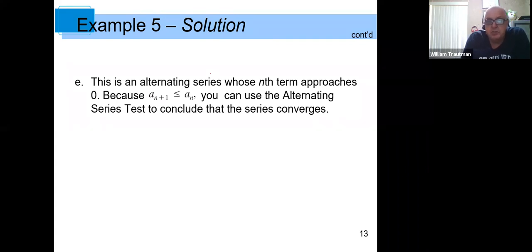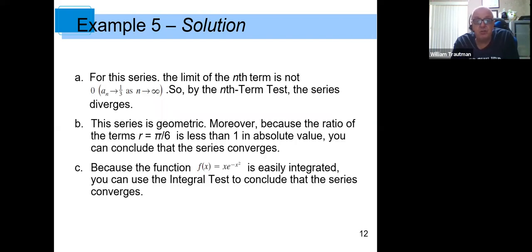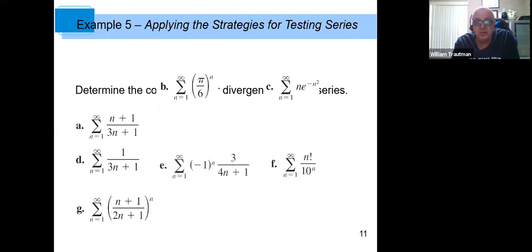And it says this alternating series converges. Make sure you look up alternating series and see why it converges. F. You should have all these written down right in front of you.